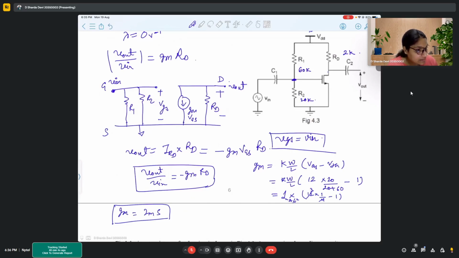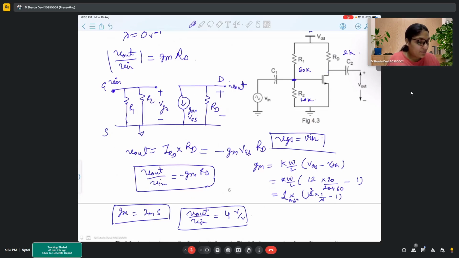RD is 2 kilo ohms. So Vout by Vin becomes 4 volt per volt. So this is clear, right?